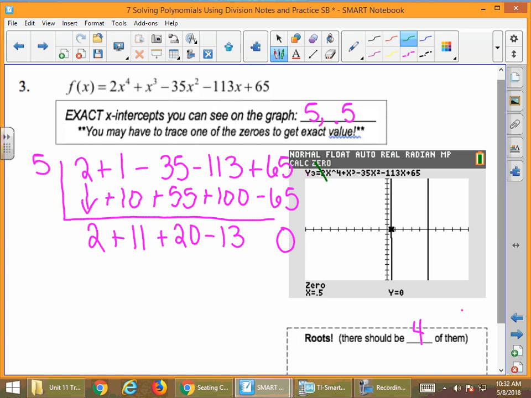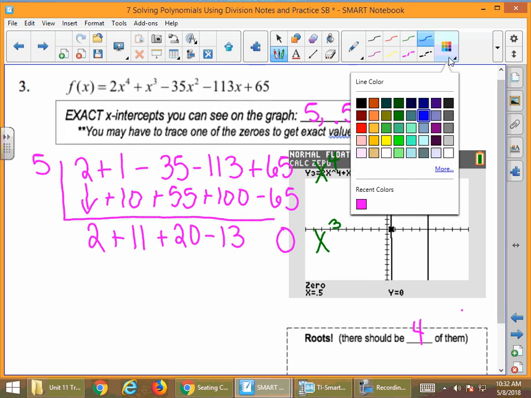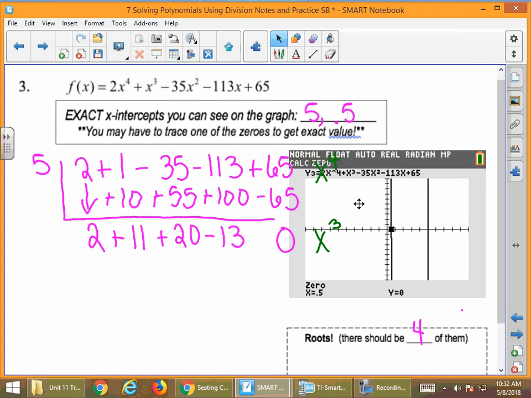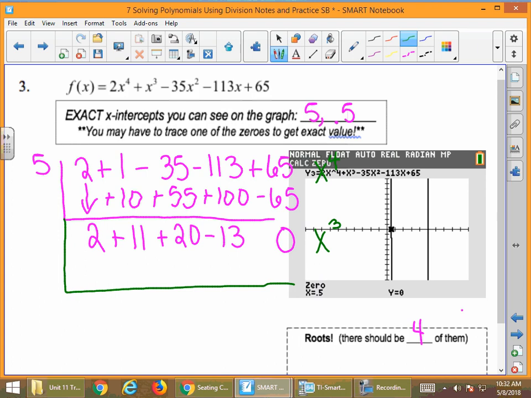We started with an x to the 4th. We've divided once, so now we've got x cubed. But we also have another root. So we're going to divide again. And this time we're going to use our other root that we had to find on the calculator of 0.5.